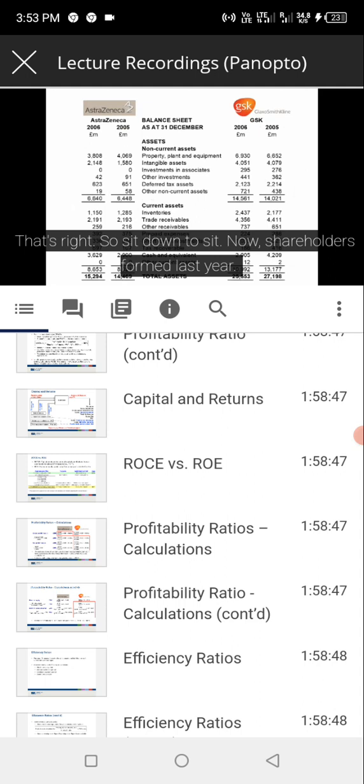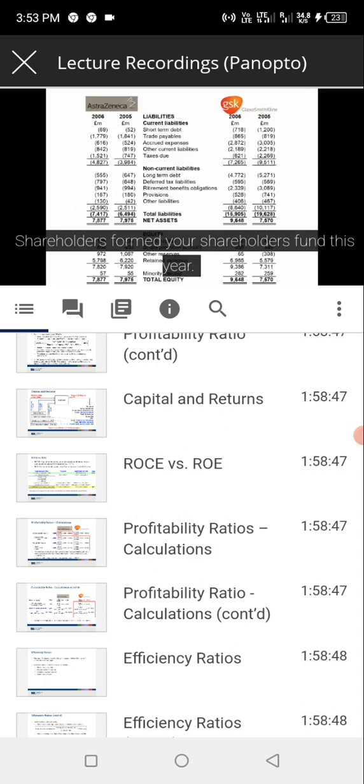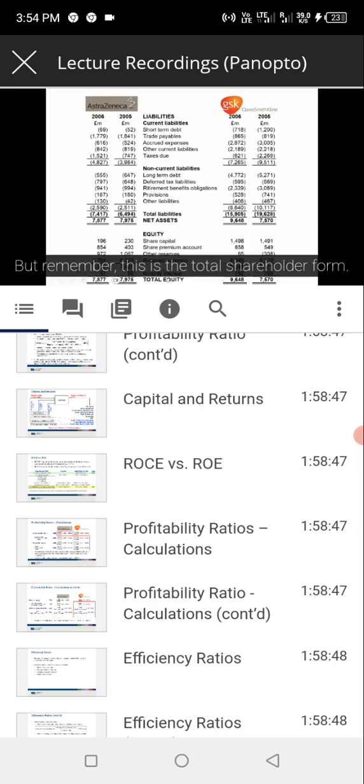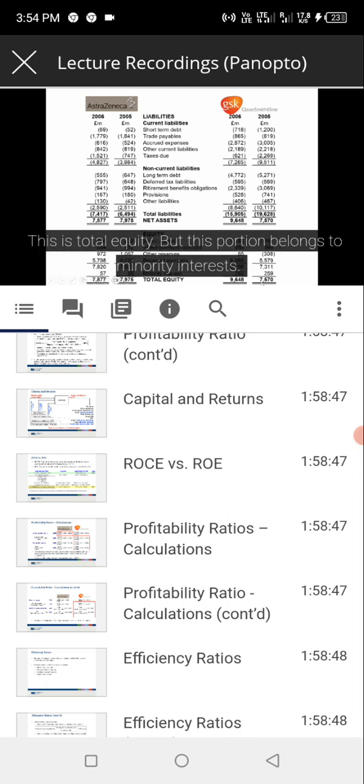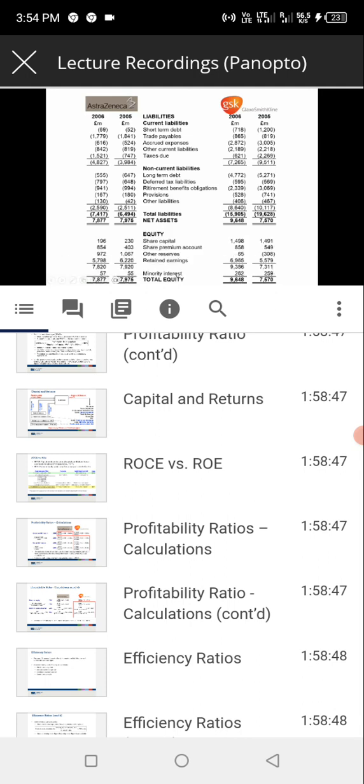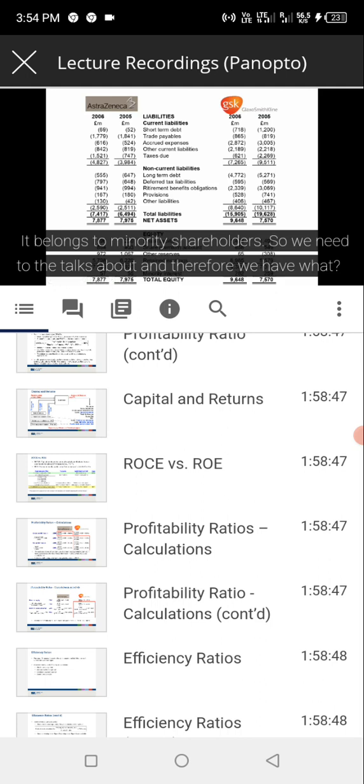Now, shareholders fund. Where is your shareholders fund? Your shareholders fund is here. But remember, this is the total shareholders fund. This is total equity, but this portion belongs to minority interest. It belongs to minority shareholders. So we need to deduct that.